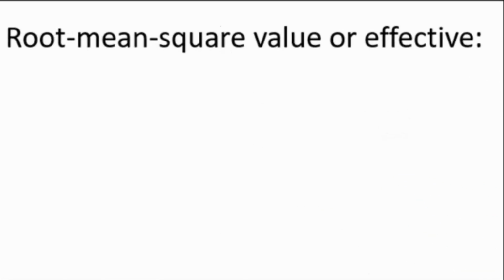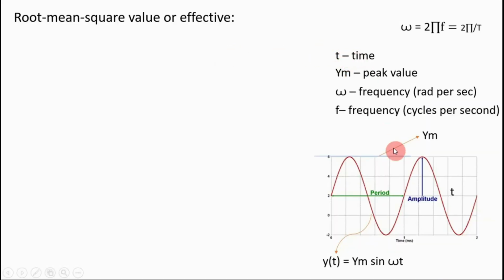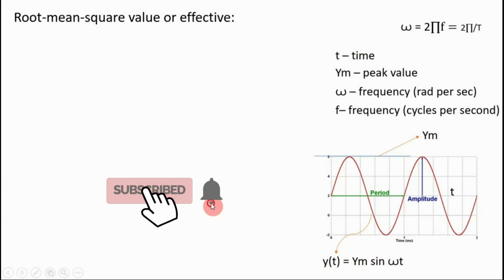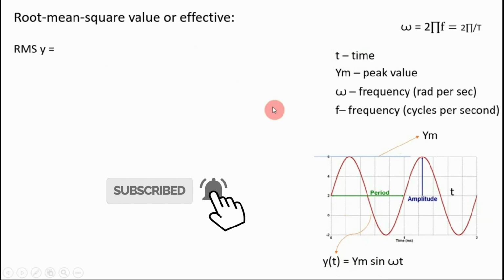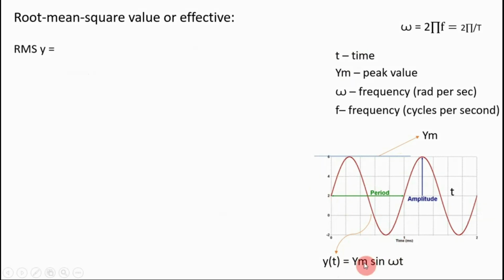For the root mean square, which is the effective value, again we use the same curve, which is y of t equals ym sine omega t. So the RMS value is the square root of the integration of the square of y of t. After getting the square of this one, you take the square root.